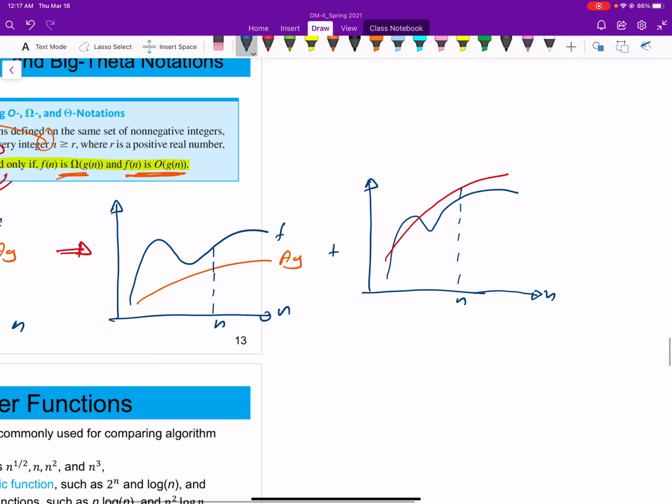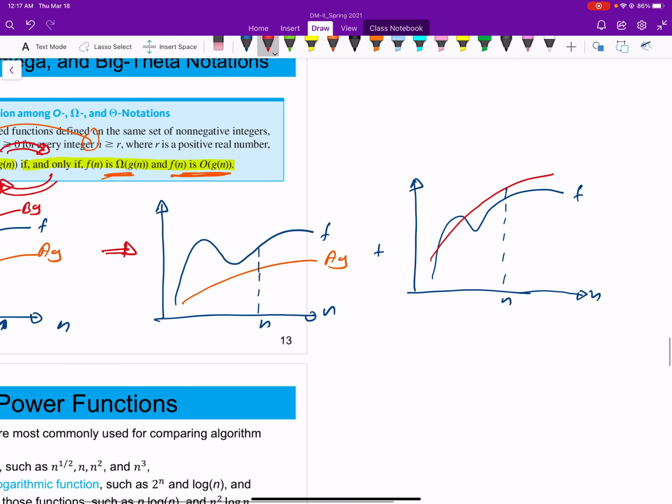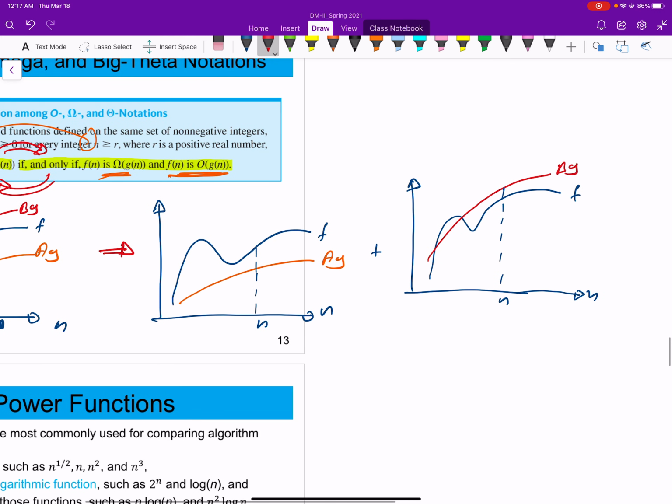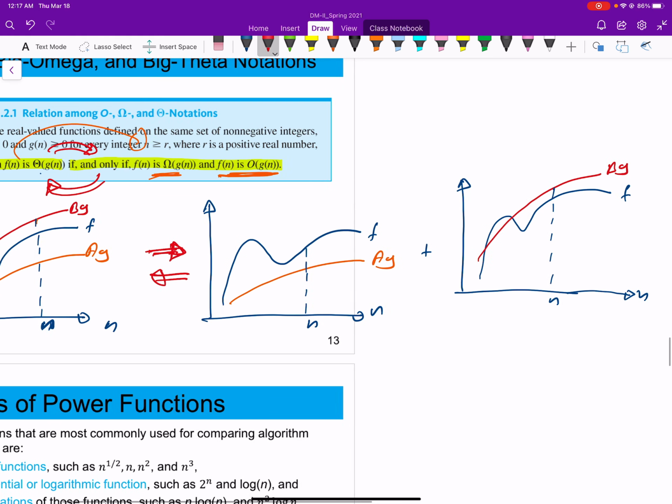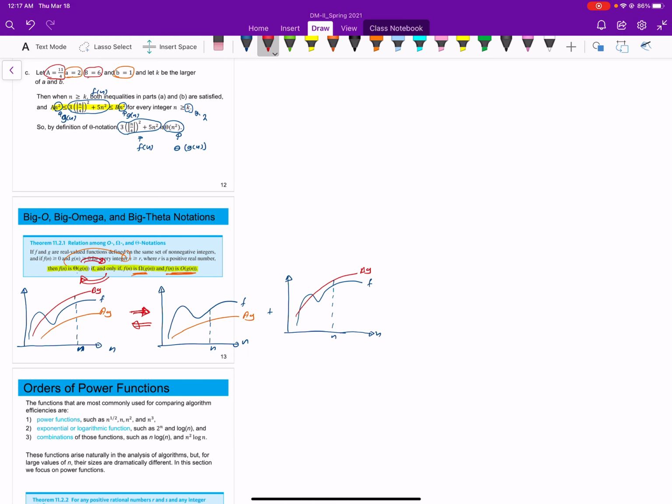All right, this is f and that is bg. This single graph implies those two graphs, and those two graphs imply the single graph. That is just the theorem given here.